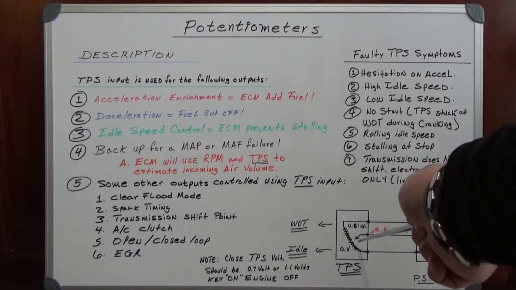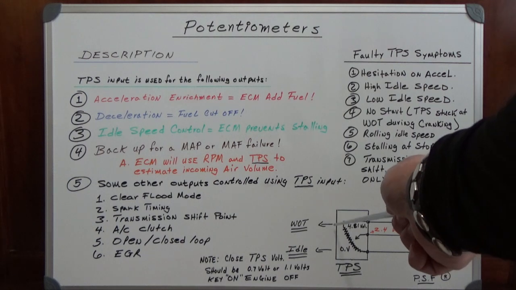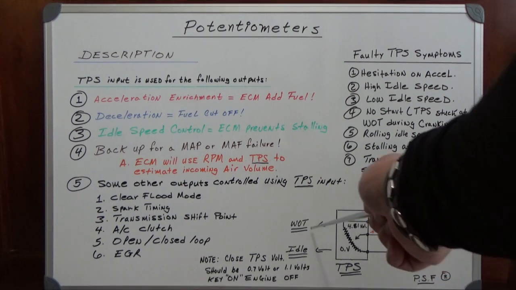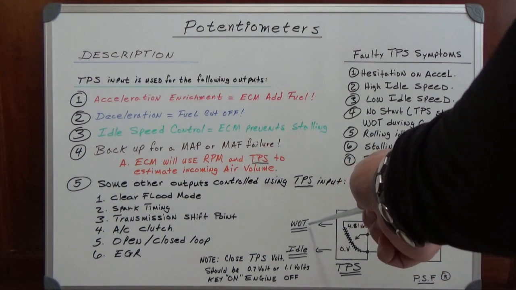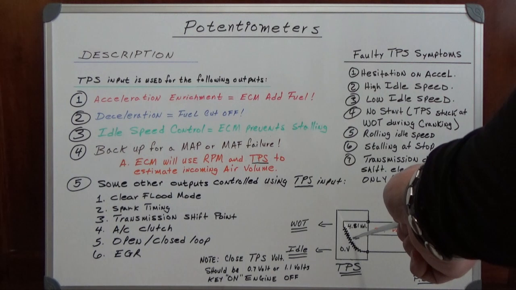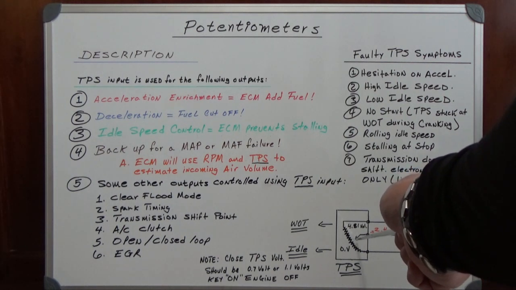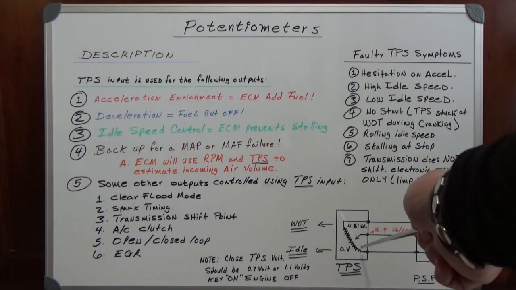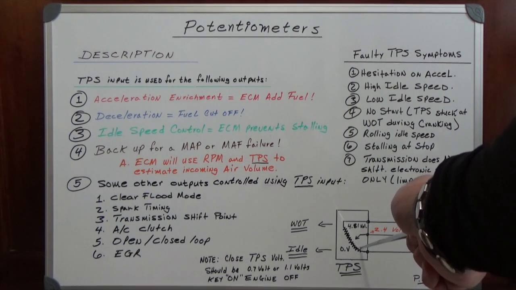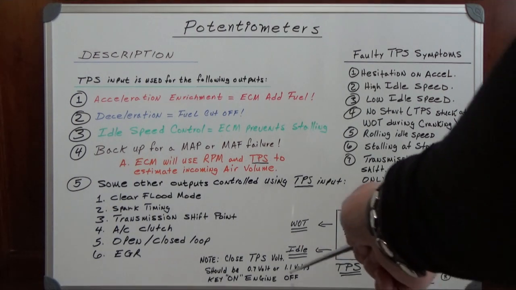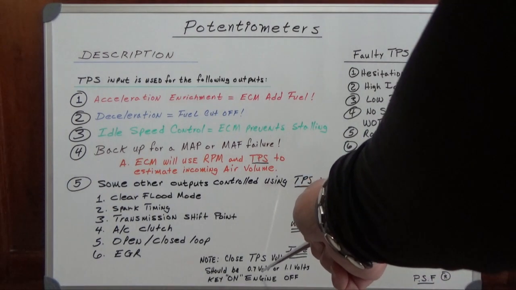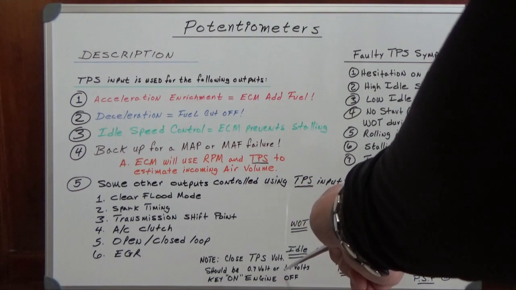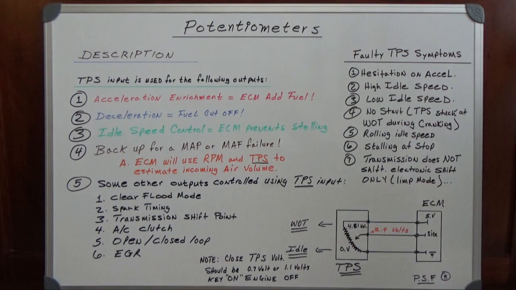So when we press the pedal all the way down, we should have close to 5 volts here, and that will be wide open throttle. Half throttle will be where the arrow is pointing here, and that is 2.4 volts. And down here, close to ground, the TPS should be around 0.7 volts or 1.1 volts.